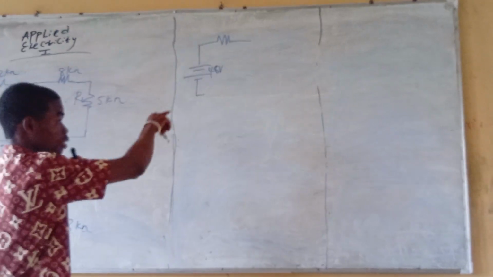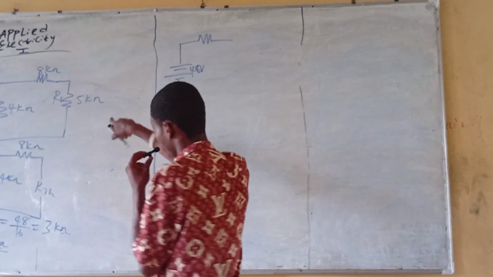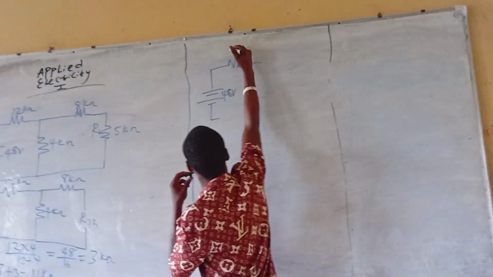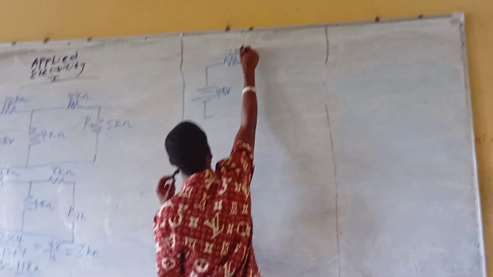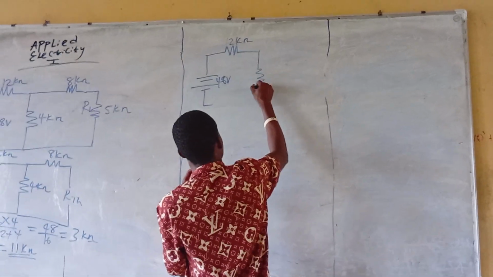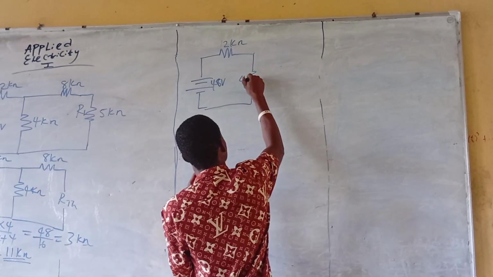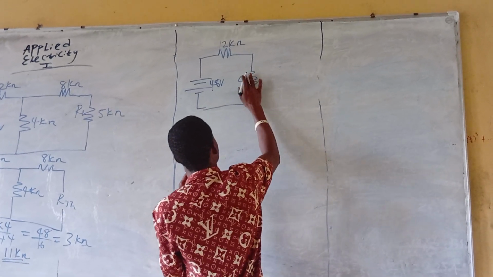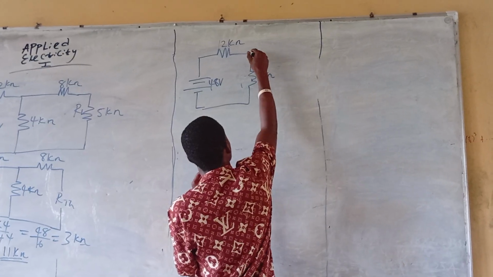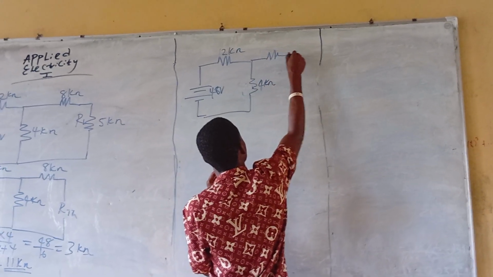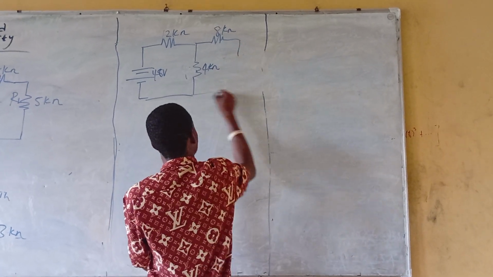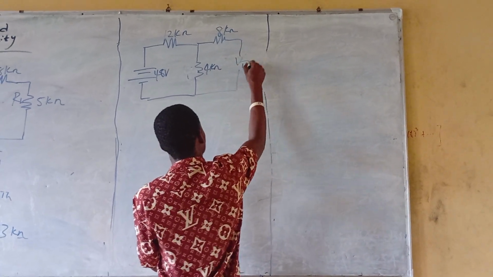So that's the step we are moving to. We want to calculate for the current flowing through 5 kilo ohms. So let's go ahead and calculate our Thevenin's voltage. 12 kilo ohms. Then this is 4 kilo ohms. 4 kilo ohms. So this is 8 kilo ohms. Then this is your Thevenin's voltage.